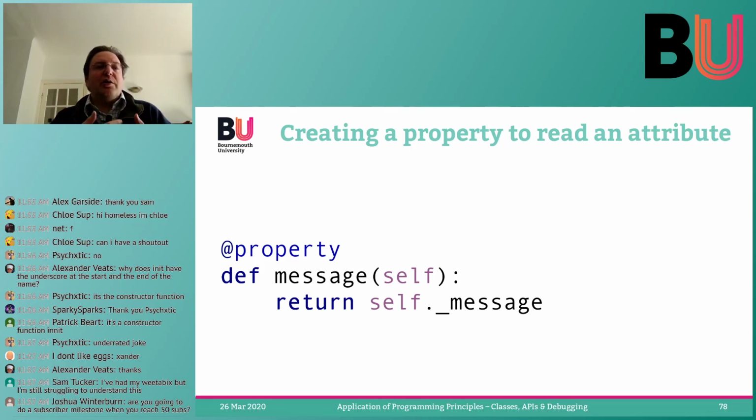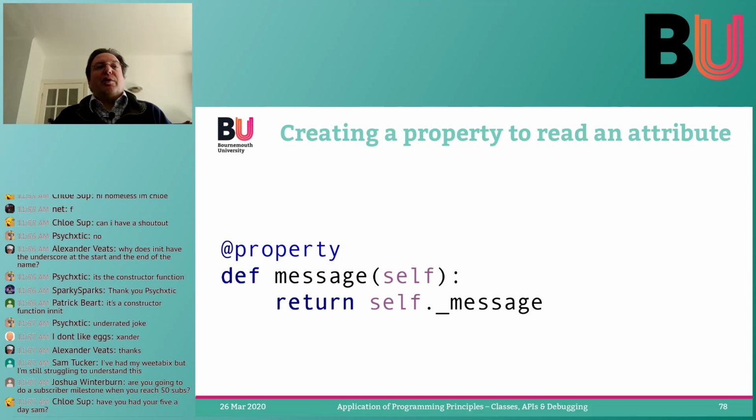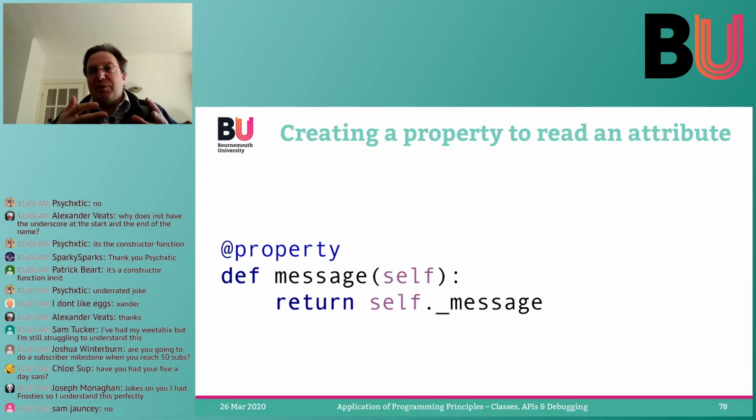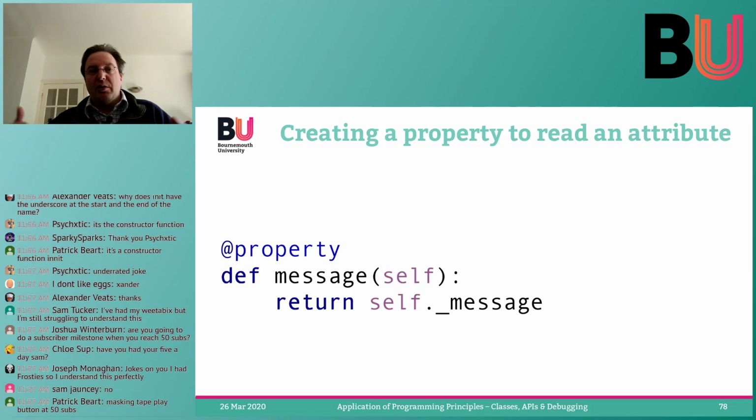What does it do? It returns the underscore message. So the underscore there is just convention. We, the Python community, have decided that attributes start with an underscore. That's all. It is not required the same way that the underscores on the init are required, because it looks for that. It expects to find a method with that name. That's the only reason it has underscores.